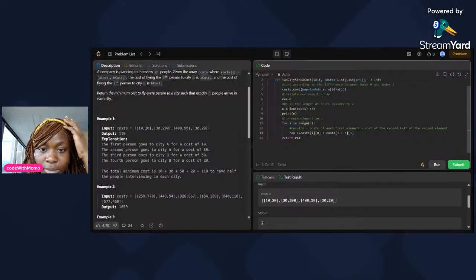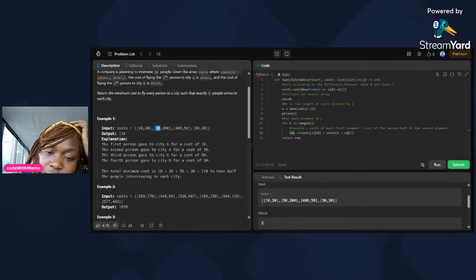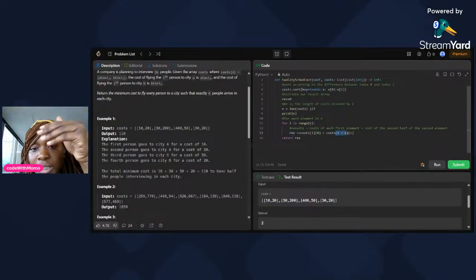So my result is going to be the first individual elements, like 10, 30, and we're going to add these two together. After I've rearranged it, it will be 10, 30 plus 50, 20.